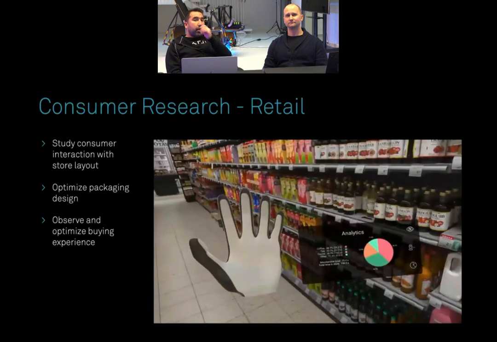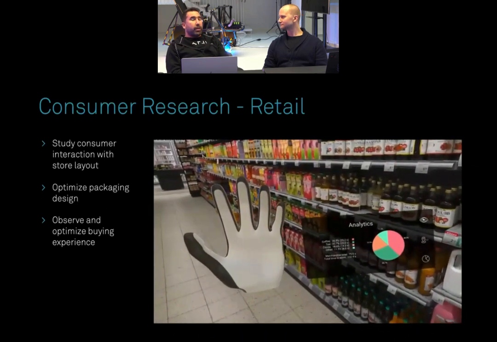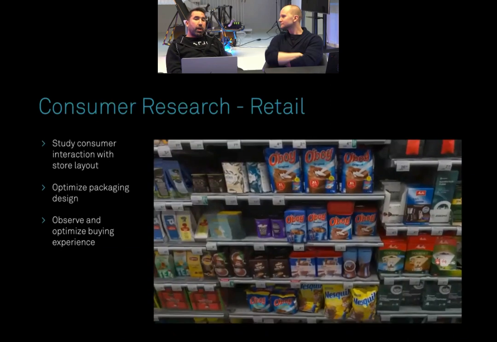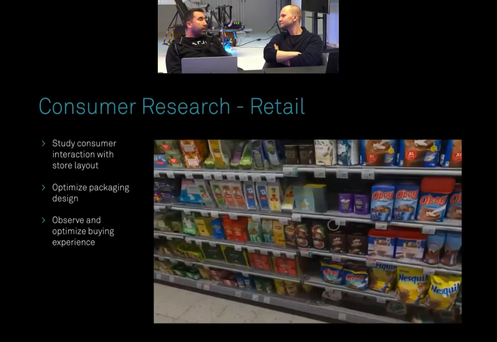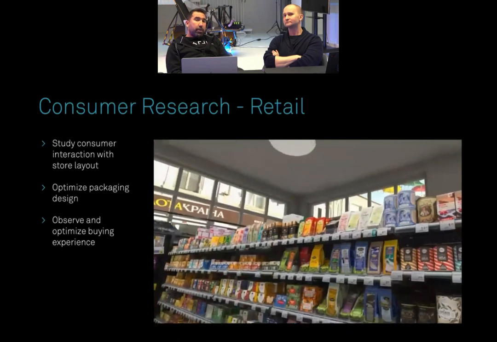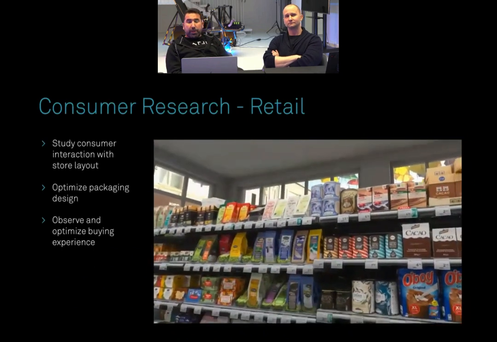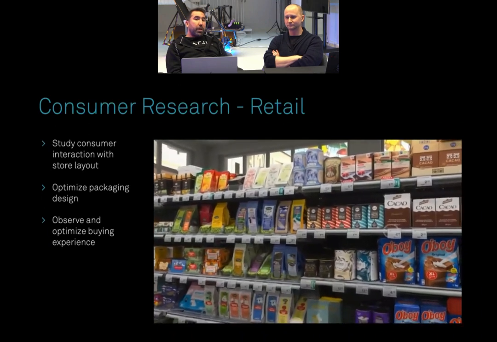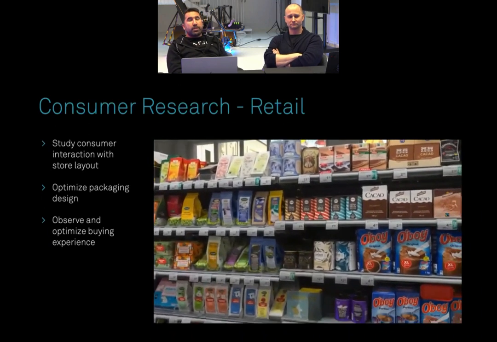This makes even more sense with Varjo's human eye resolution, because those store environments will look almost like you would see them with your own eyes, and you would be able to read the text on the packages or the price tags.